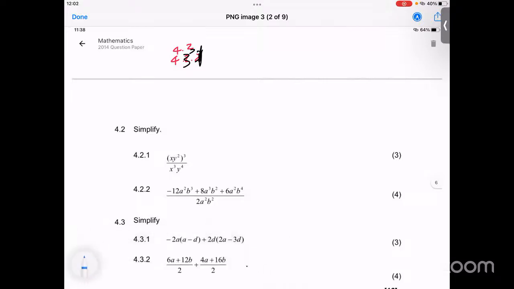I will therefore have to rewrite that question, which is 6A plus 12B, and you divide the whole of that by 2, and you plus it by 4A being added to 16B, the whole of that divided by 2. Yes. Okay, then it's fine.